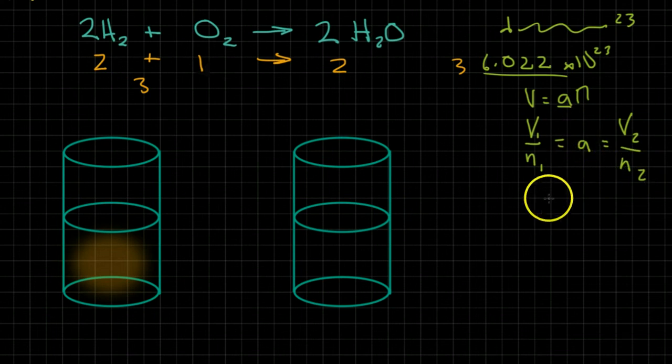And I can get fancy and say that V1, that one goes up here, sorry. That's confusing, hang on a sec. So the summary, the place I just got from all that, is that V1 over N1 equals V2 over N2. And that's what Avogadro's law looks like in its more useful form, at least for me.